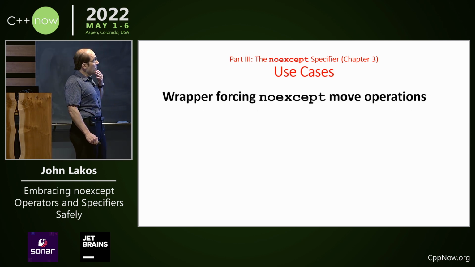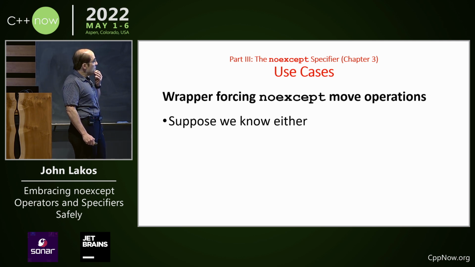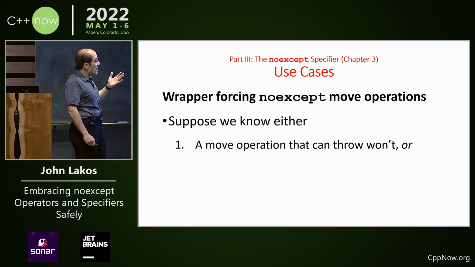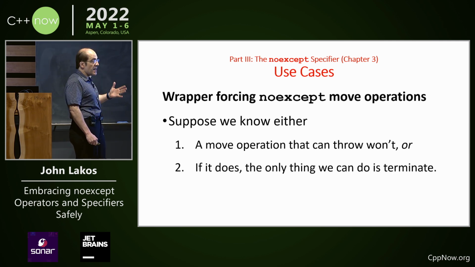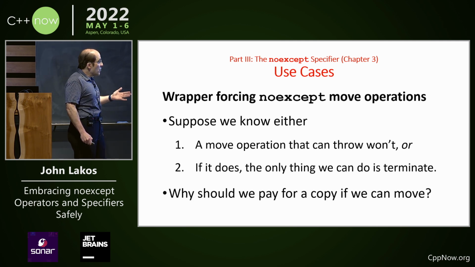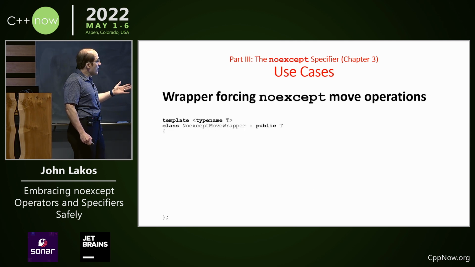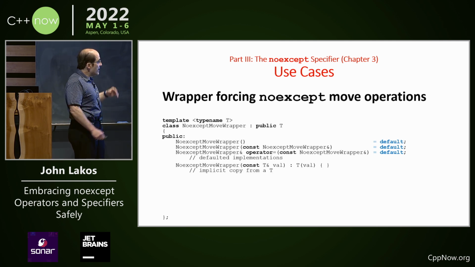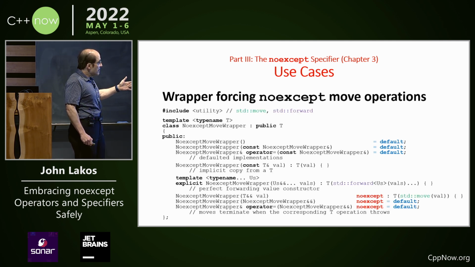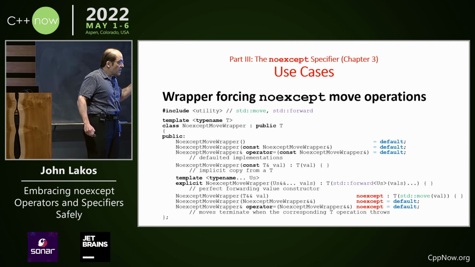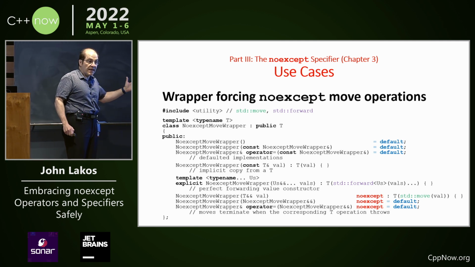So here's the example that I think is really cool, where suppose we know either that any move operation that can throw won't, we just know that, or we don't care because the only thing we could do if it did is terminate. In those cases, we could create a generic wrapper called noexcept_move_wrapper, and it takes whatever you've got and it just implements the noexcept versions of that. And so it just strips away all of that noise and lets it be used in a container.